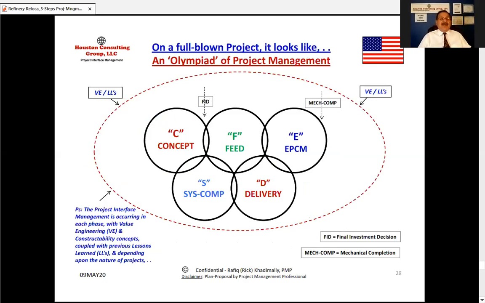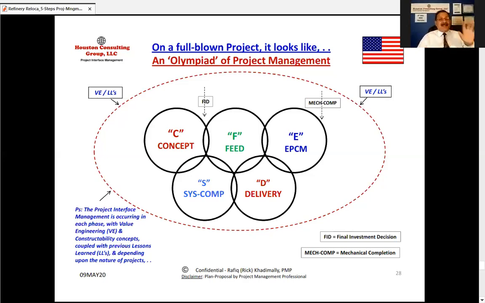So now when you plot them on a full-blown project, it looks as if it is an Olympiad of project management. The Olympics has 5 circles, which represent the 5 continents in the world, and they are overlapping with each other. We have a similar situation.